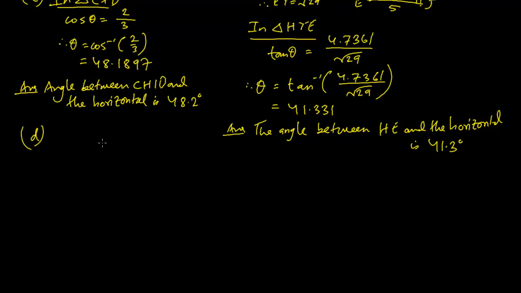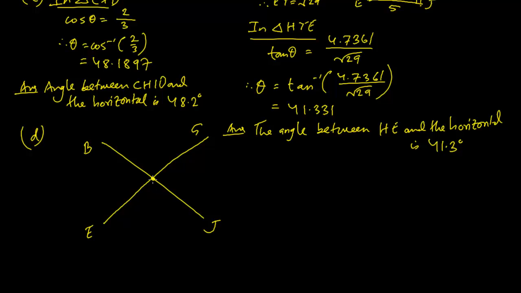So this one BJ and this one GE. These two lines are equal, and since they're inside the box and intersecting at the center of the box, they also bisect each other. That's how the geometry of boxes works. So this is where they meet. Since we have already used X and Y, let me call it Z.